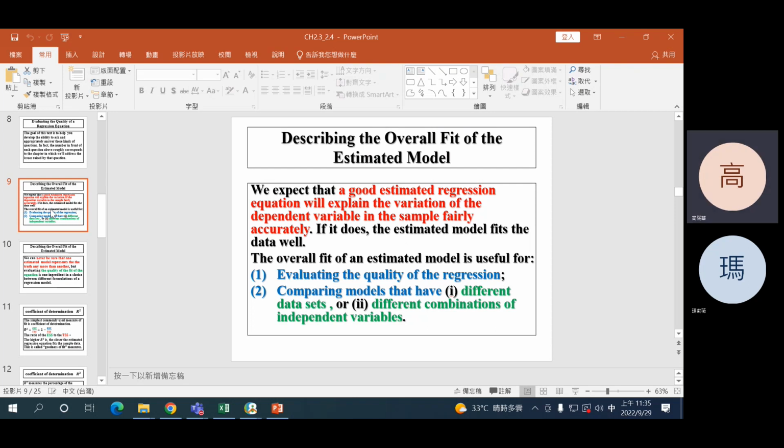So the overall fit of an estimated model is useful for evaluating the quality of the regression. And we also can compare models if they have different data sets or different combinations of the independent variables. We will get to this one later on.